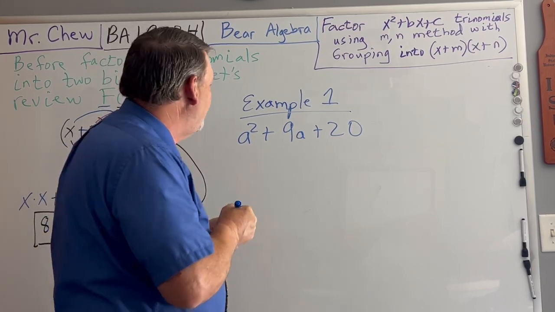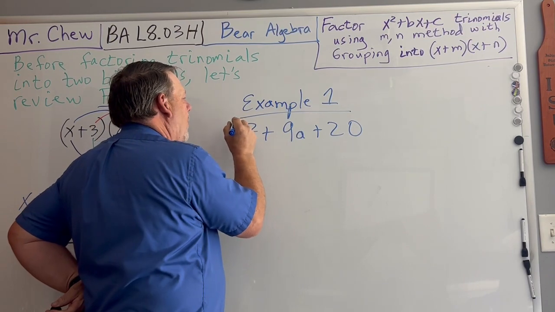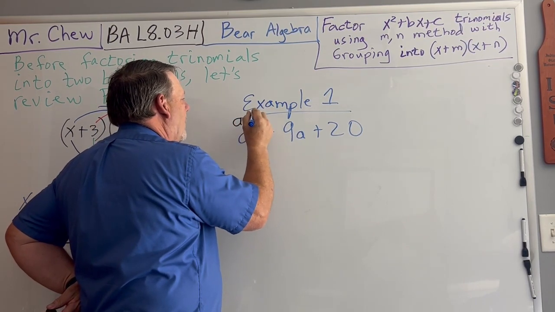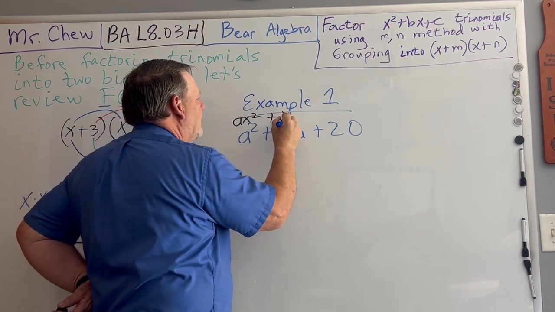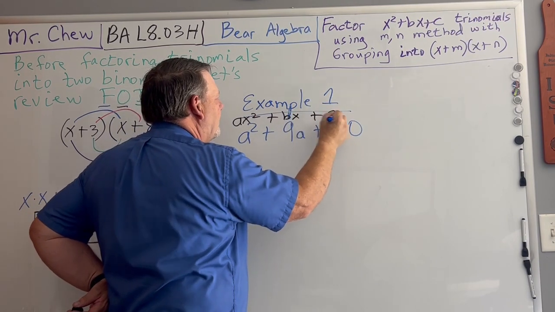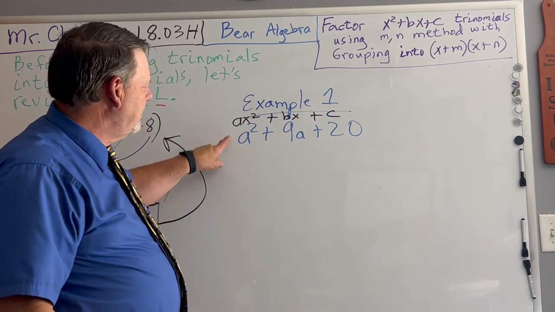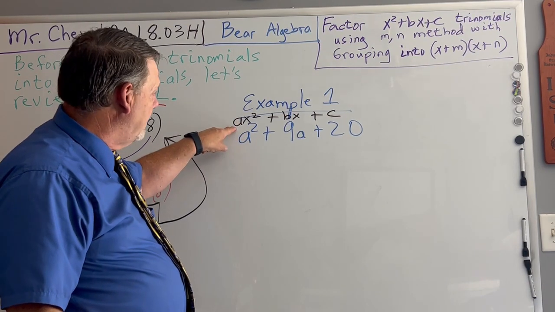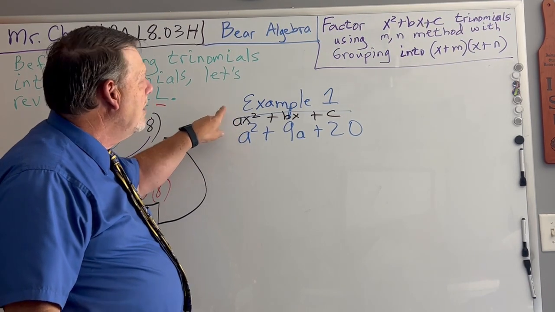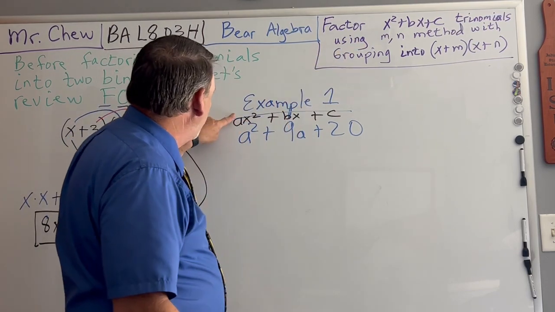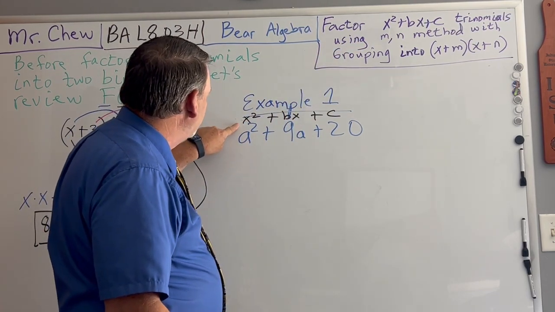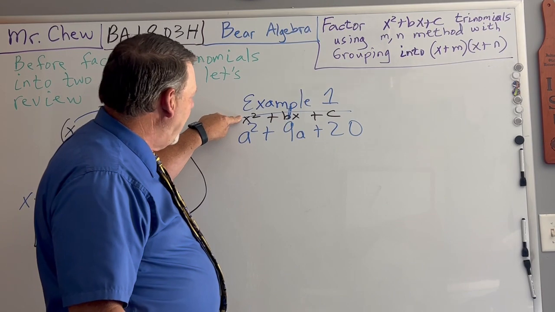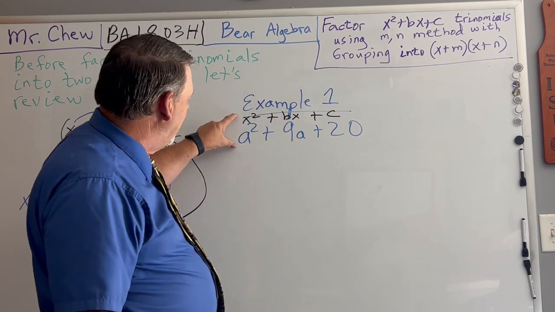The standard form of an equation is ax squared plus bx plus c. And in this case, it would be a squared, some number times a squared. You see the a is 1 here, so we can just get rid of that. So the standard form is x squared plus bx plus c.